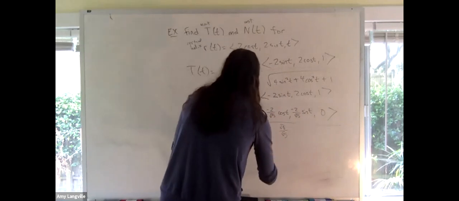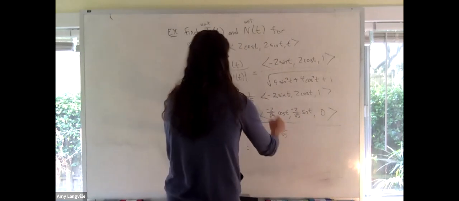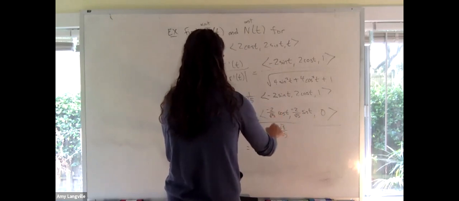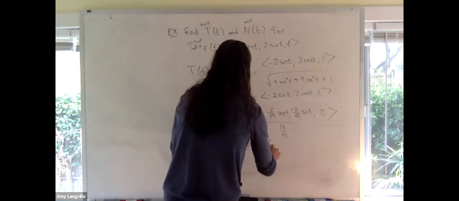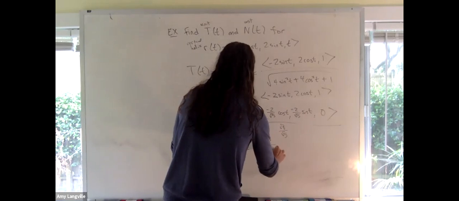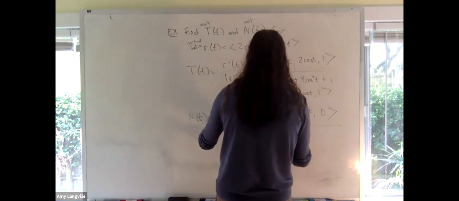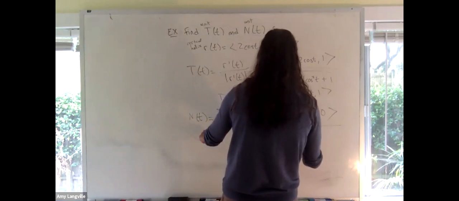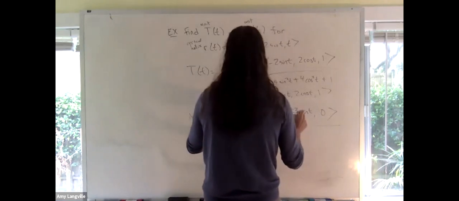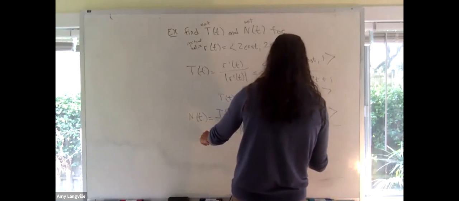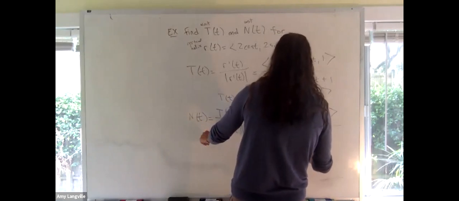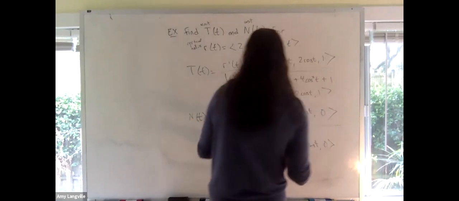Now they'll come up and be, the square root of 5s will cancel out, and I'll have minus 2 over 2 square root of 2 cosine t, minus 2 over 2 square root of 2 sine t, 0.